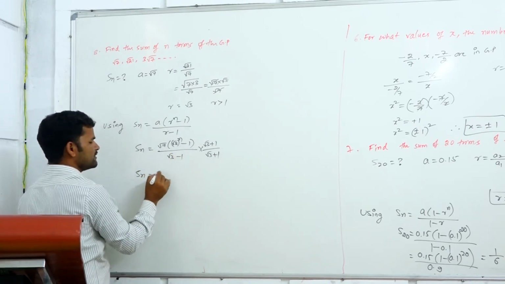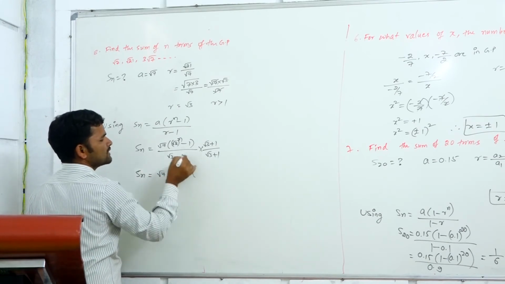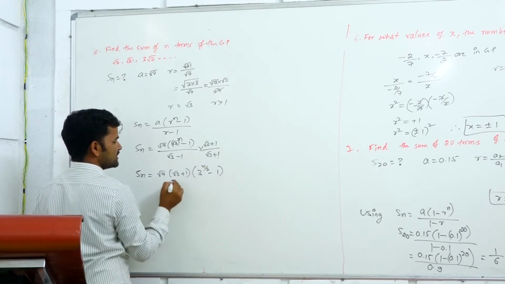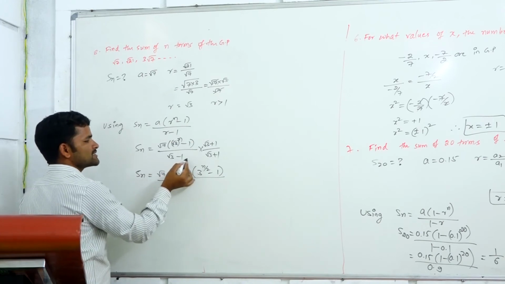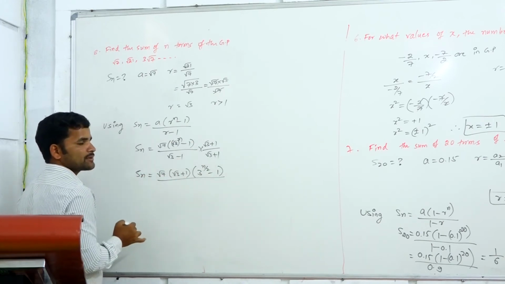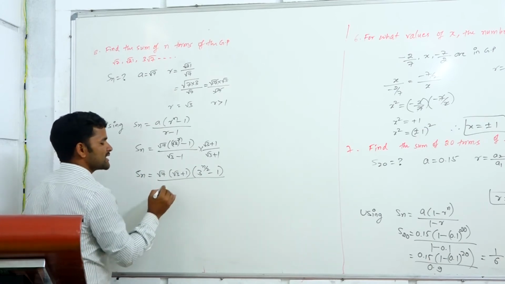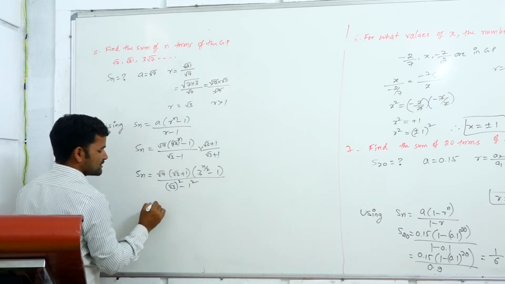Sn is equal to, numerator will be root 7 into root 3 plus 1 into, this can be written as 3 to the power of n by 2 also if you want, minus 1, divided by the denominator. You observe, it is like a minus b into a plus b. The formula for a minus b into a plus b is a square minus b square. A square root 3 square minus b square 1 square.